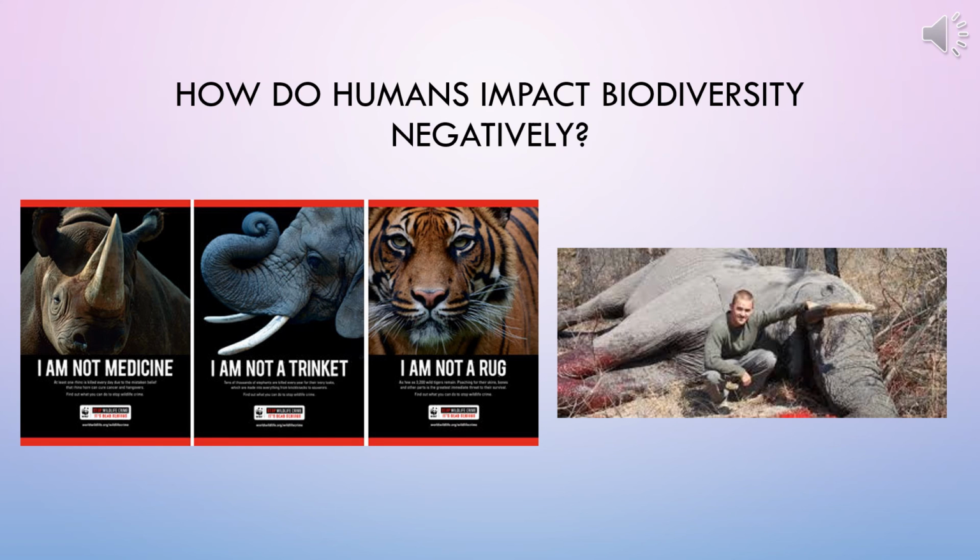So how else do humans impact biodiversity negatively? This is probably my biggest pet peeve, so bear with me. One of the things that humans do is engage in sport hunting. And some of you may not be familiar with what sport hunting is. Sport hunting is very different than hunting for the purpose of finding an animal and using it for its meat, eating it, using its hide, using its bones, whatever you're going to do it with.